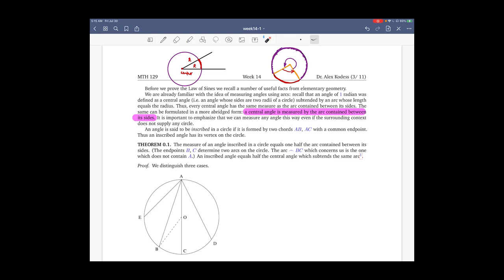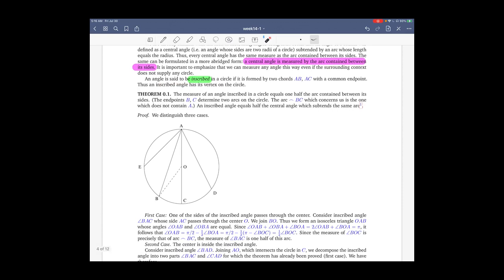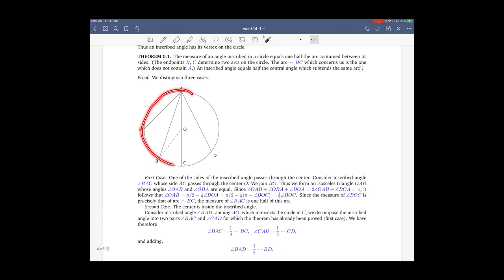So our next result is concerned with the so-called inscribed angles. An inscribed angle is an angle formed by two chords with a common point. Say, for instance, look at this circle.